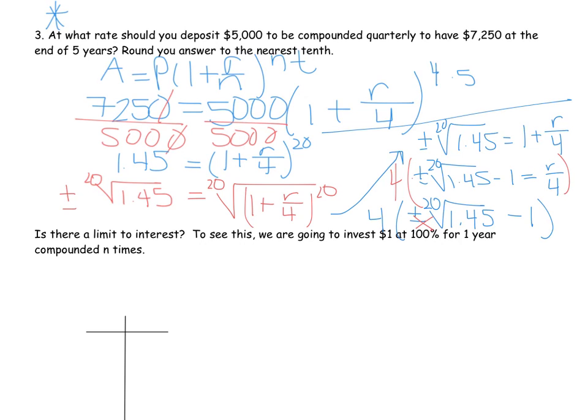Please pause it and help your neighbors if they're struggling with it. Your answer should be 0.075007334. Let me talk through that again. In your calculator, 4, parentheses, 20, hit math, go down to the x root, which is 5, put in your 1.45, make sure that's it for the radical, subtract 1, and then close your parentheses.